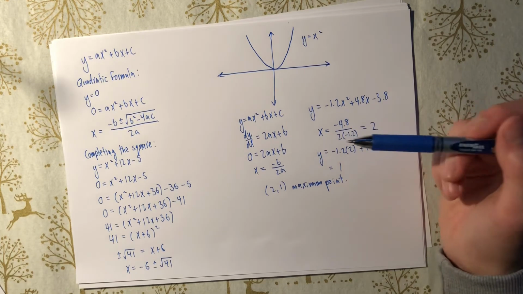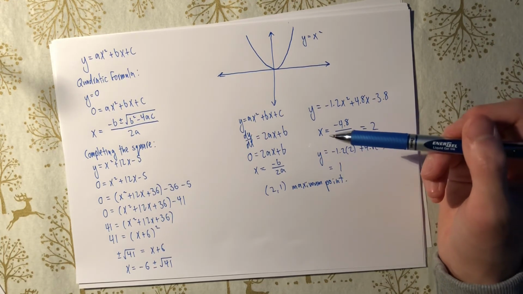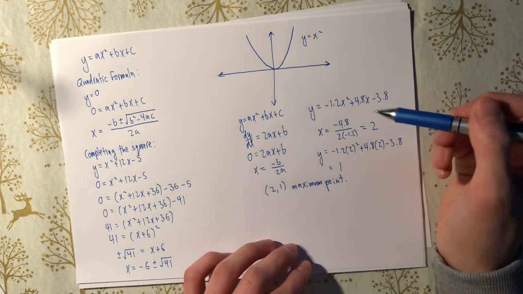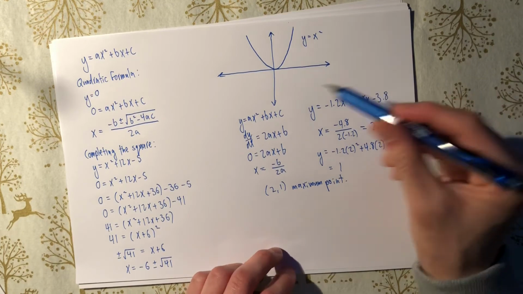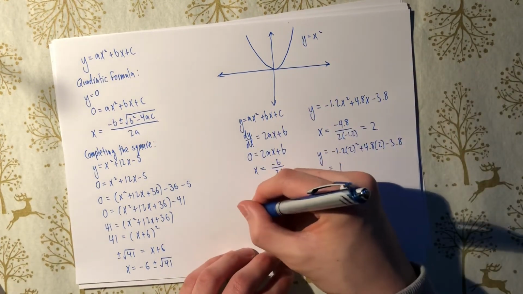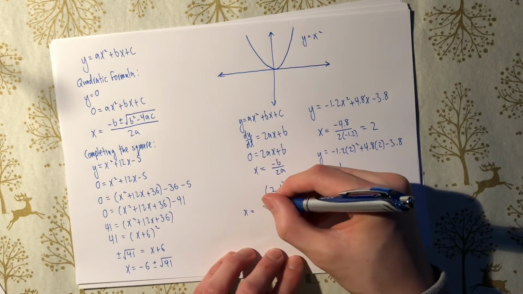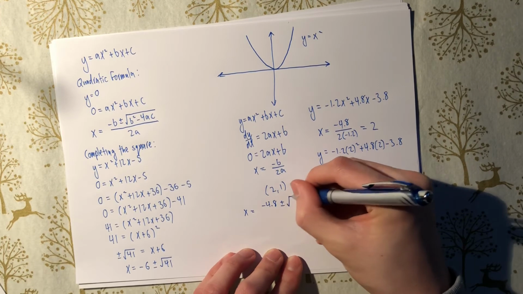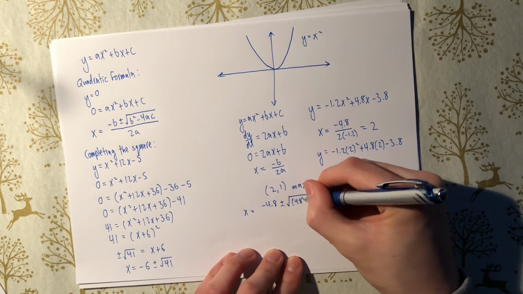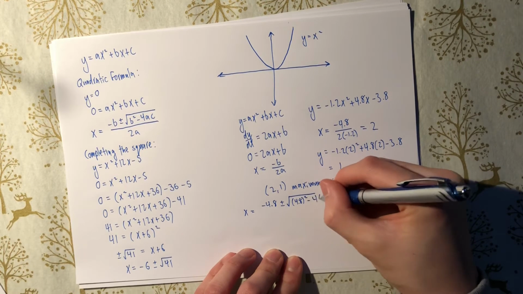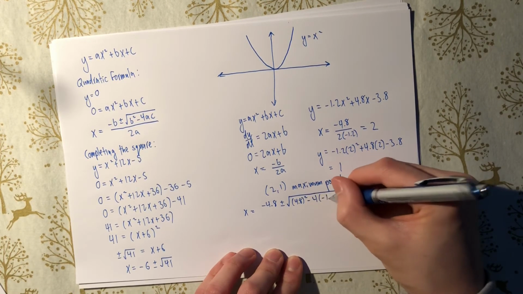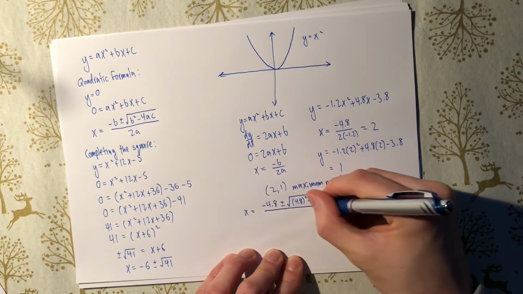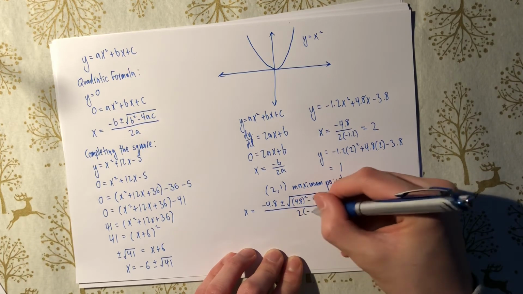So now finally, since we have the y-intercept and we have the maximum point, all we're going to want to do now is find the roots of this equation, and then we'll be able to graph it. Since these are not particularly nice numbers, we're going to want to use the quadratic formula. So x equals minus b, so minus 4.8, plus or minus root 4.8 squared minus 4 times minus 1.2 times minus 3.8, all over 2 times minus 1.2.